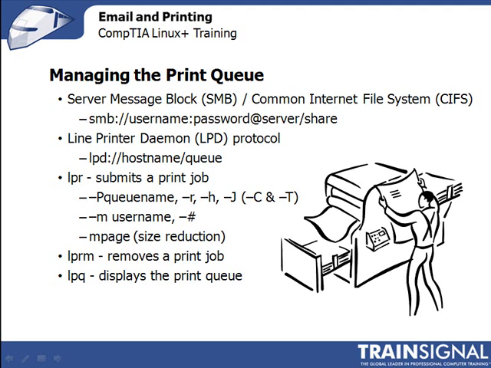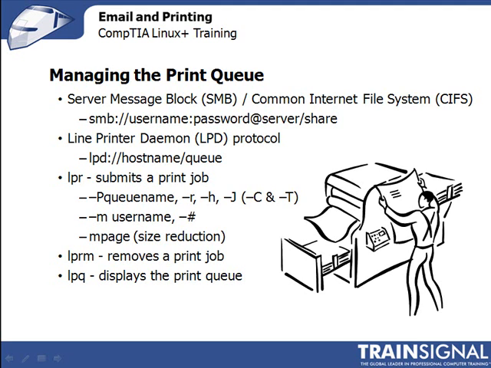And you've probably guessed that there has to be a way to manage print jobs from the command line, and you're right. The first is LPR, which is used to submit a print job, and it takes the options -P to indicate the print queue, -r to delete the file after it prints, -H to suppress the banner.